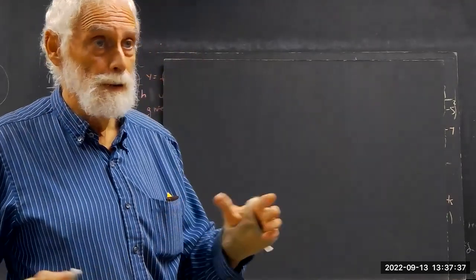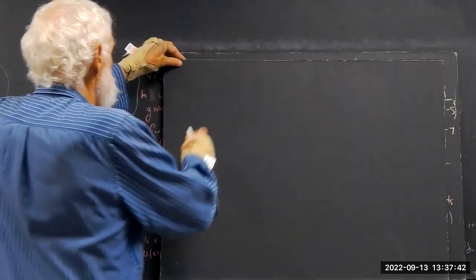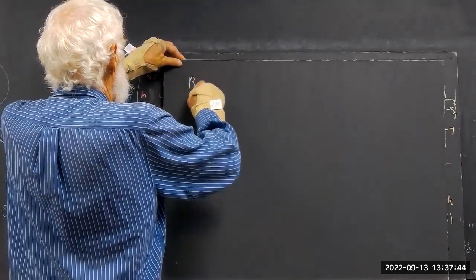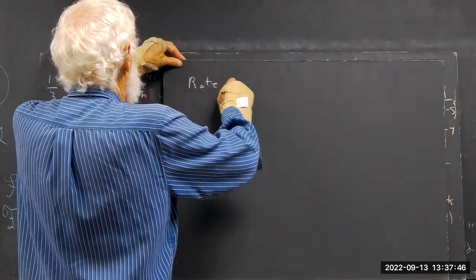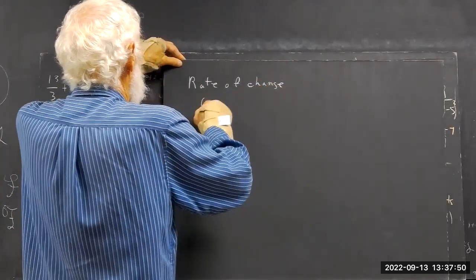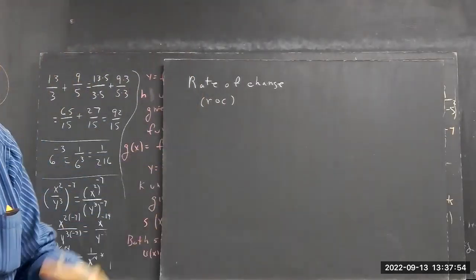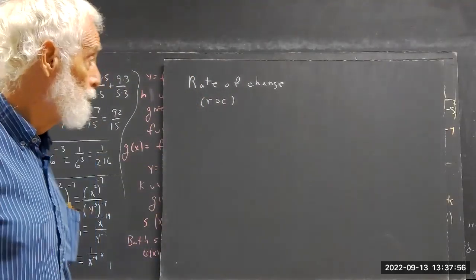First chapter, you're seeing the big important stuff. We use ROC, so I don't have to keep writing the word and it saves us time.